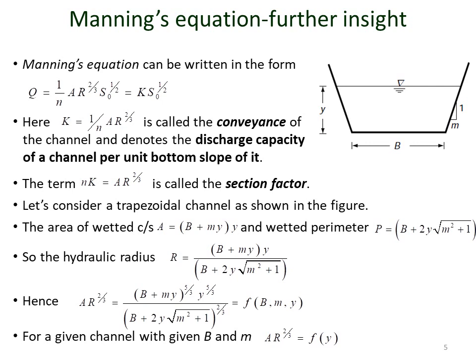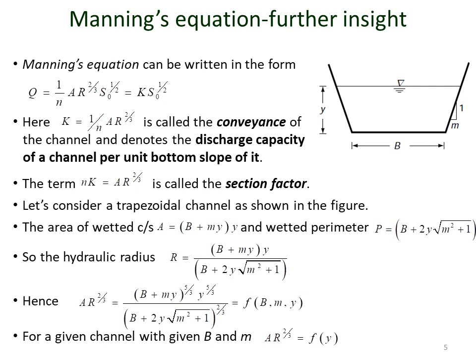Now let's try to calculate the section factor given by A R to the power 2/3 for a trapezoidal channel. A typical trapezoidal channel has been shown in the diagram on your right. So the bottom width of the trapezoidal section is capital B, the flow depth is small y, and the side slopes are m to 1.